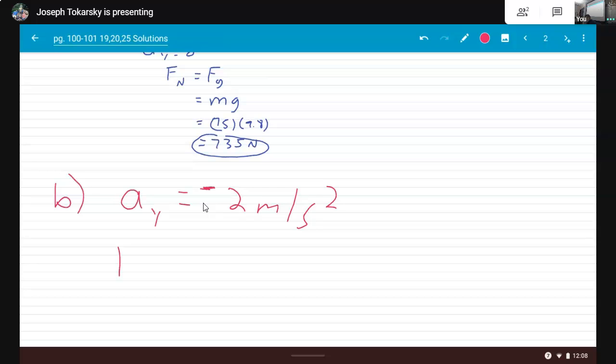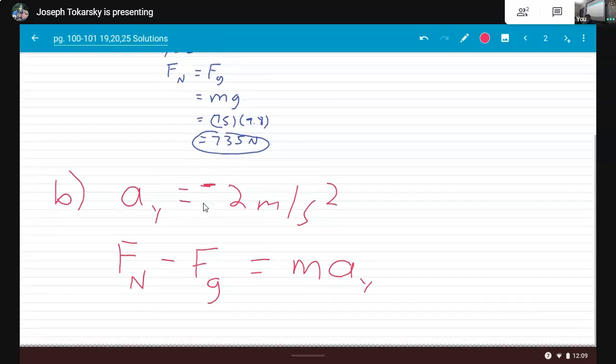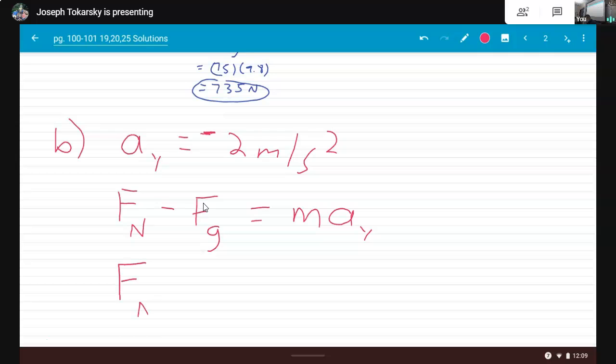So I go back to the same formula we built above, just a different acceleration, a non-zero one now. Still got those in here, and that still equals this times that acceleration. Solve for the scale force, in this case the same as the normal force because the scale's pushing back on you. Add the weight over. We found from above that the weight's 735, so I've got to reuse that.